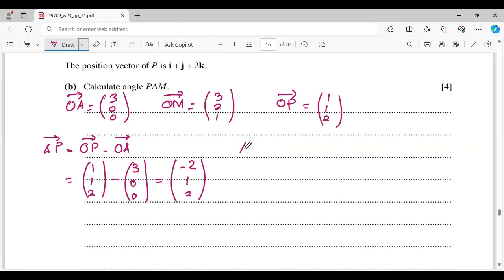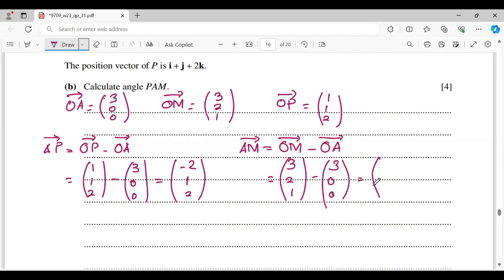And then AM equals OM minus OA. OM is 3, 2, 1, OA is 3, 0, 0, so it is 0, 2, 1.